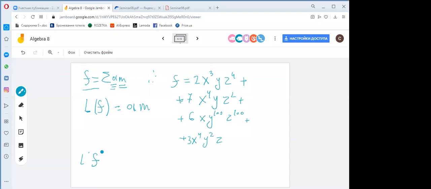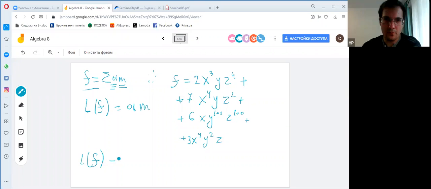The last one, I guess. Yes, the last one, 3 multiplied by x to the fourth, y squared, and z. Because first of all, we consider the powers of x, 3, 4, 1 and 4.